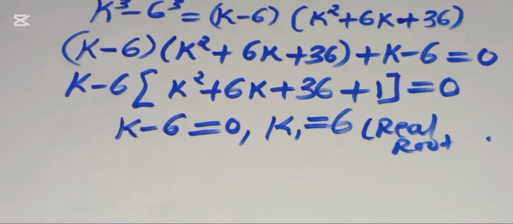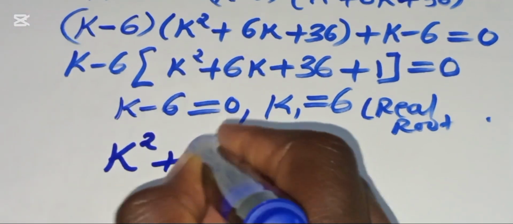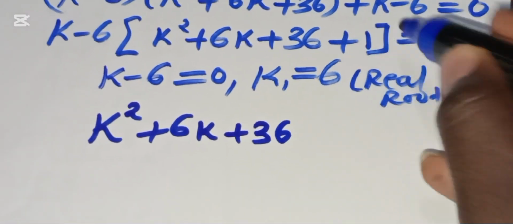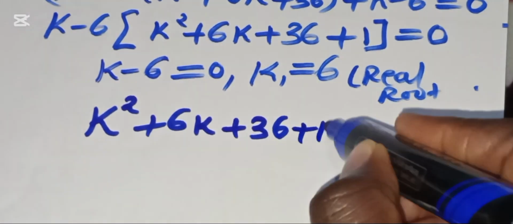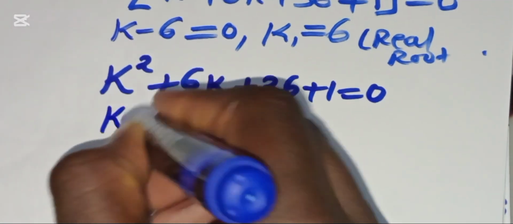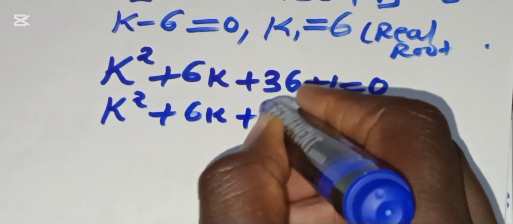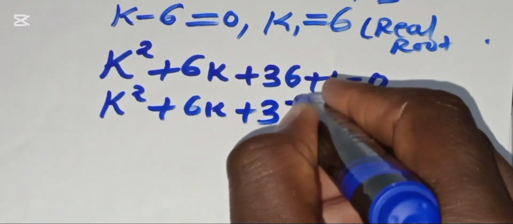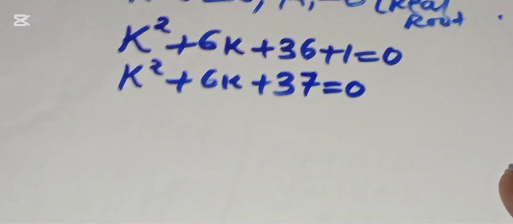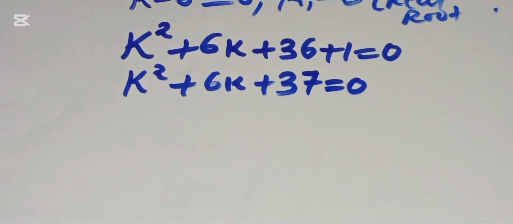Okay, so the second part, we have k squared plus 6k plus 36 plus 1, which is equal to 0. Okay, so that confirms that we have k squared plus 6k plus 37 equal to 0. That's our quadratic equation, whereby we can calculate the value of k by applying the quadratic formula, okay?